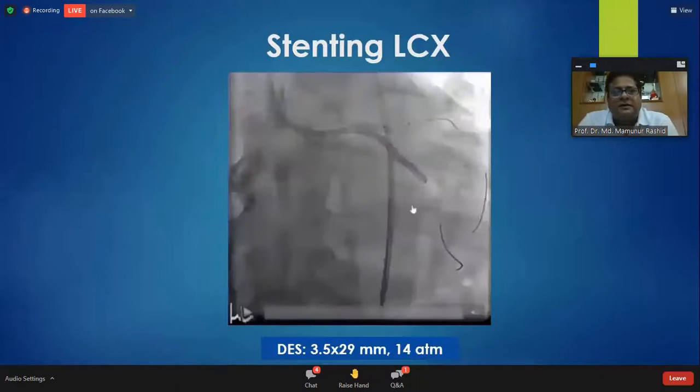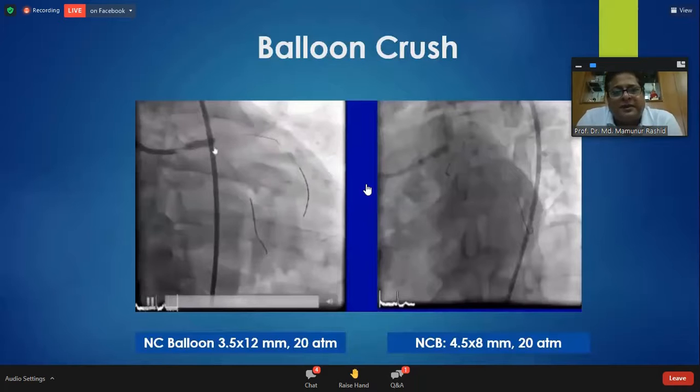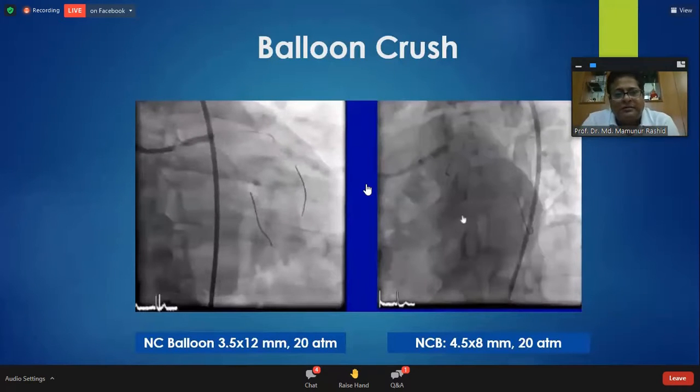In the first stage, wiring of both the main vessel and side branch vessel is done, and there is a balloon in the main branch. At first we deployed the stent in the side branch. Then we crushed the side branch stent with the balloon in the main branch vessel.